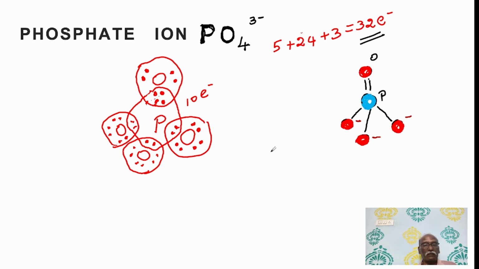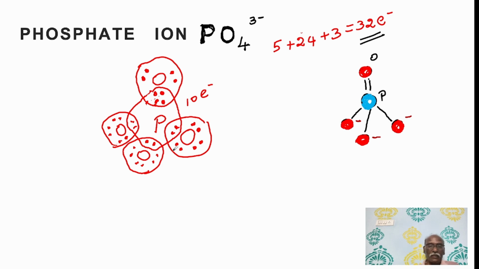Singly bonded oxygen, 3 lone pairs. Doubly bonded oxygen, two lone pairs. Exactly the same way. 4 pairs, 8 electrons for each oxygen, so all the 4 oxygen atoms acquire 8 electrons.